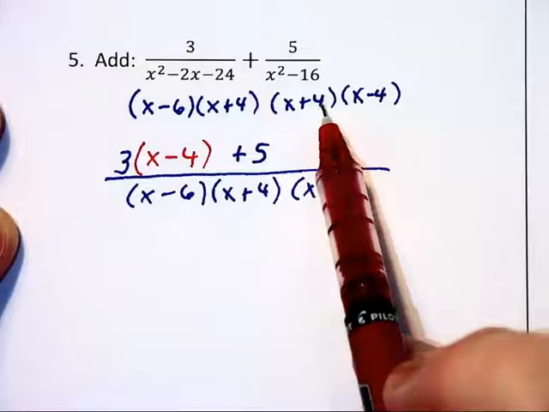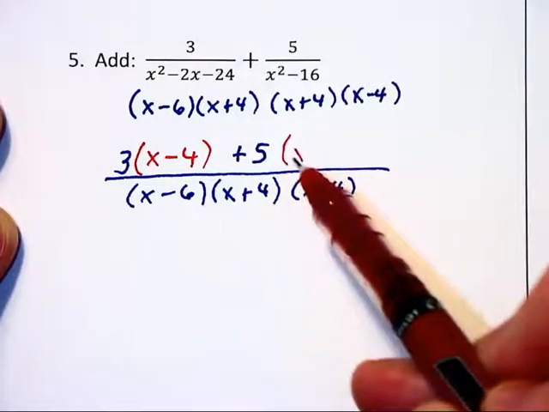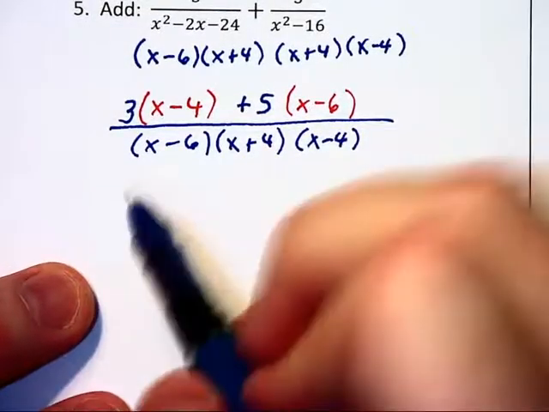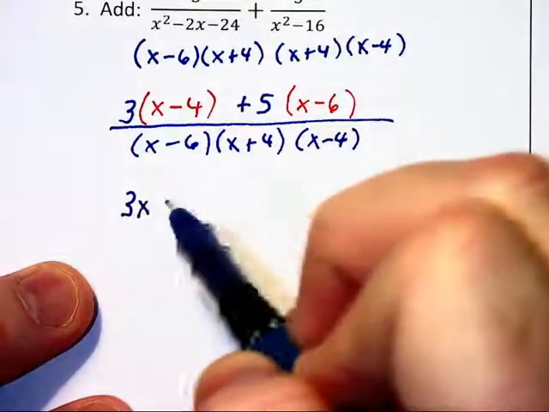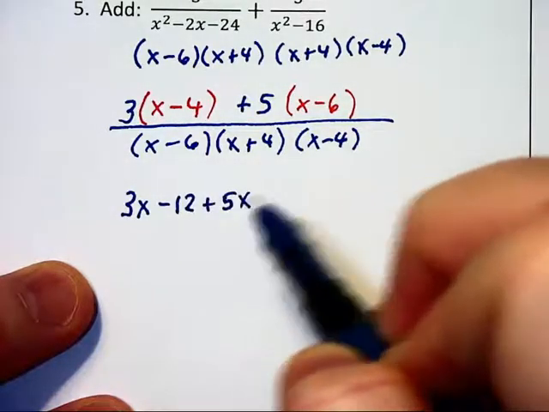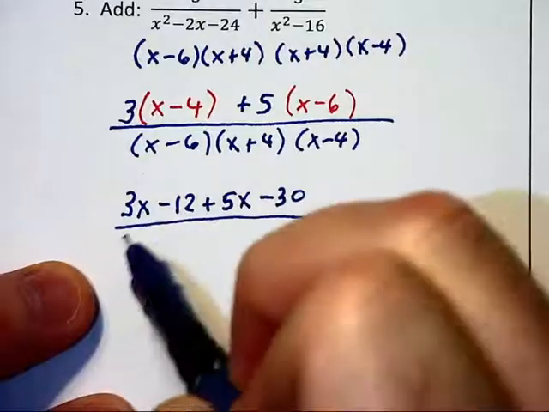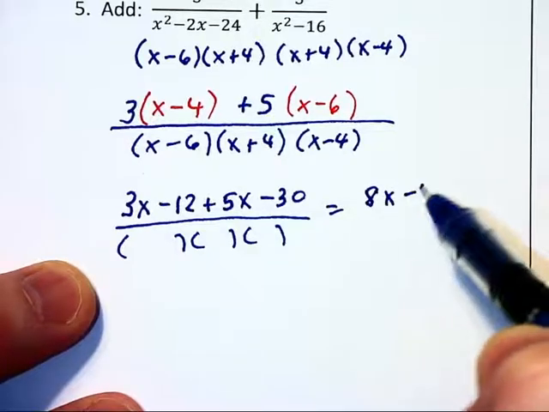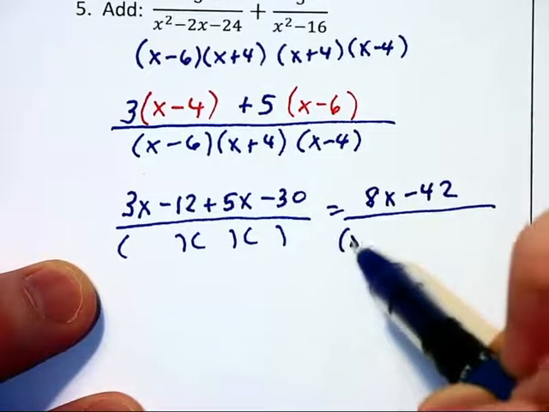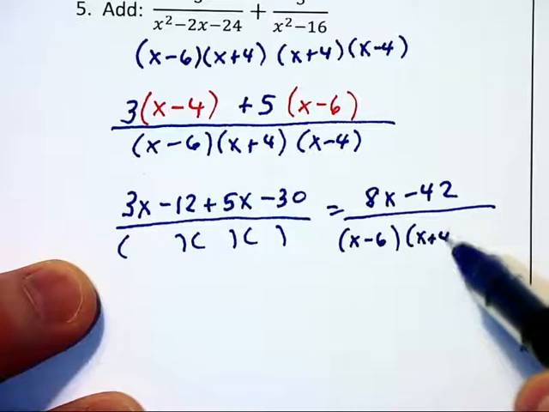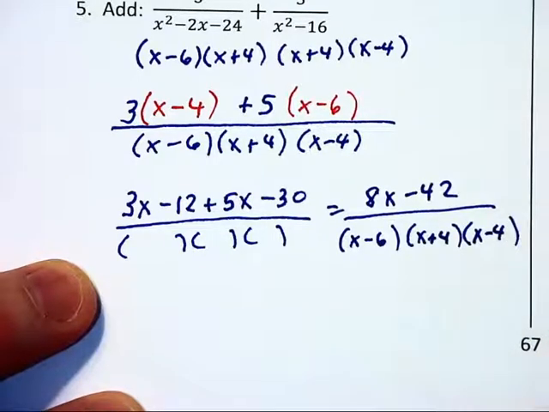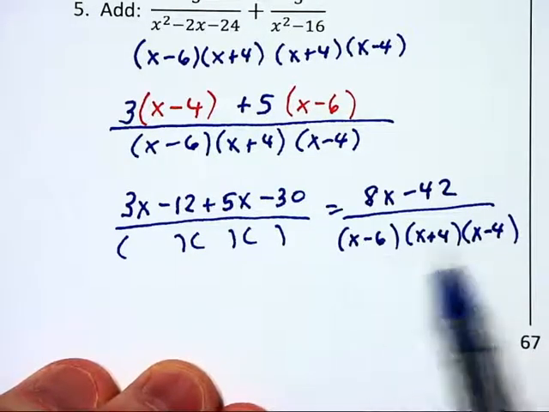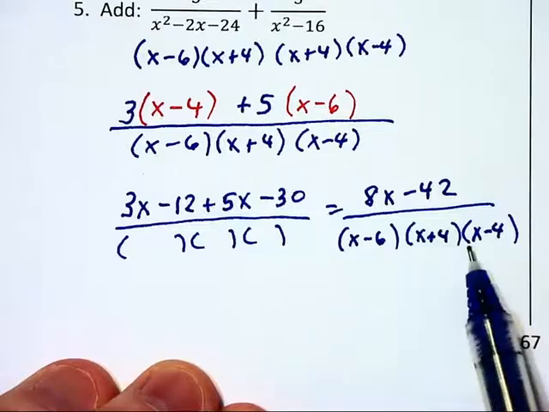That denominator changed because we multiplied by x minus 6, so we get a factor of x minus 6 up in the numerator also. Now we can do some distribution in the numerator. We will have 3x minus 12 plus 5x minus 30 all over these three factors. And then combining like terms, we will have 8x minus 42 over x minus 6, x plus 4, x minus 4. Now, we can reduce this numerator by factoring out a 2.